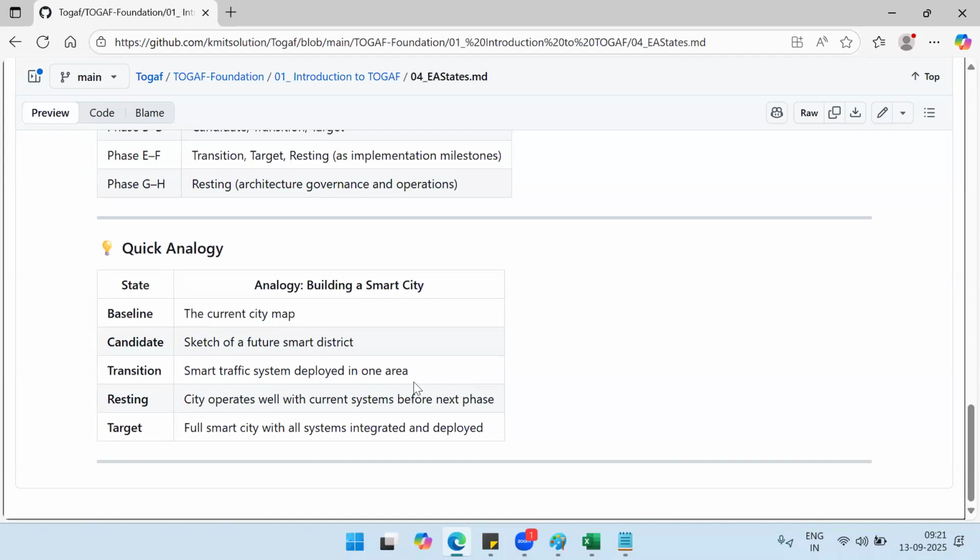Okay, so first in one area I will apply this smart traffic system, and then resting: the city operates well with the current system before the next phase. So this is resting, and target is the full smart city with all the systems integrated and deployed. Anyone has any question related to these states?